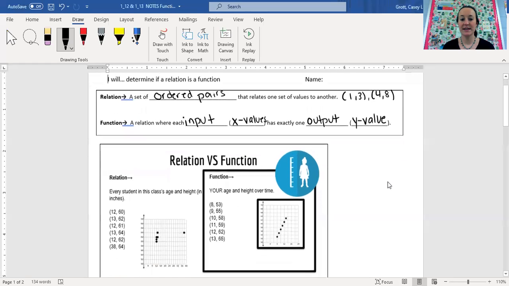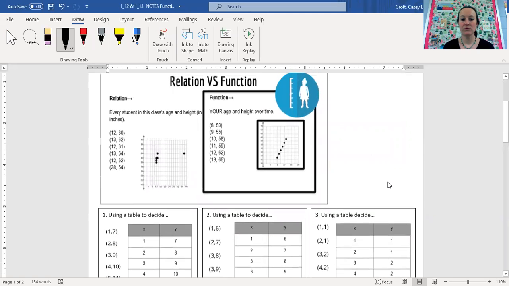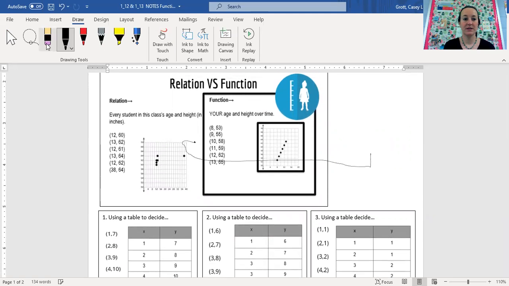If we take a look visually, a relation would be, sorry, learning to use my new pen, guys. A relation would be showing every student in this class's age and height. So here are my ordered pairs. Here's what it looks like graphed.